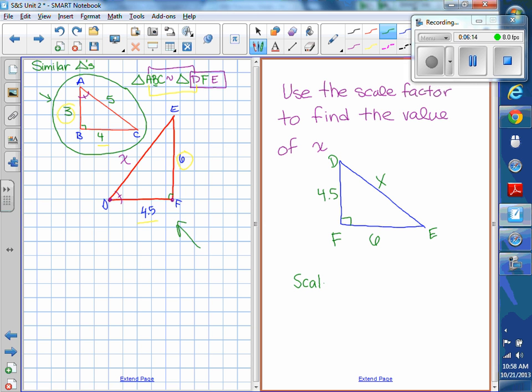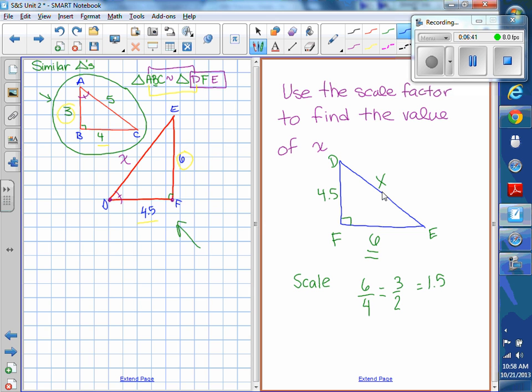I always do ending, so the 6 compares to the 4. So that's kind of review from last week. Does that make sense? And that is the same as 3 to 2, right? Or 1.5.